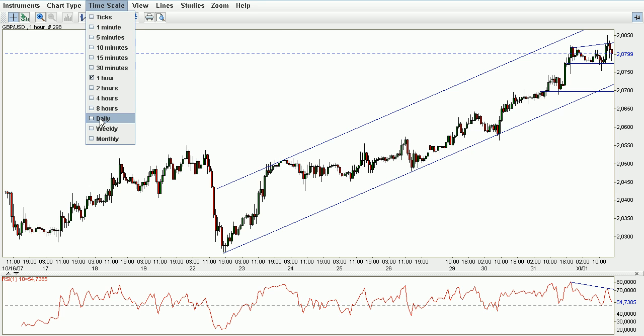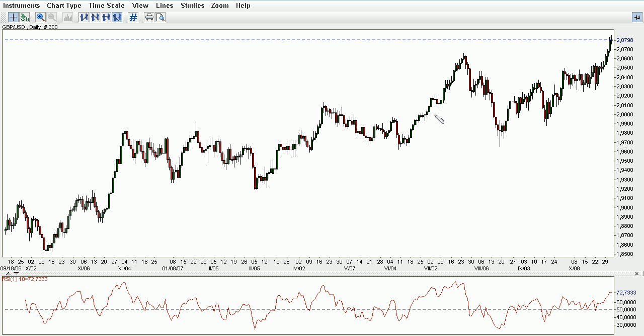Then you have to turn your attention to the daily chart and see whether you can spot another major breach of an important trend line, and this is going to be this level here of 2500, which is also a psychological barrier.